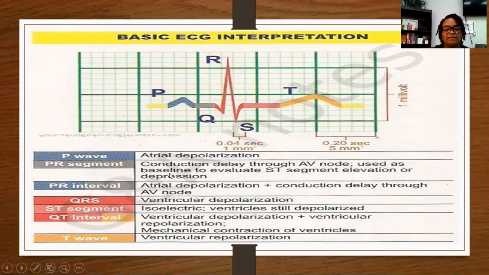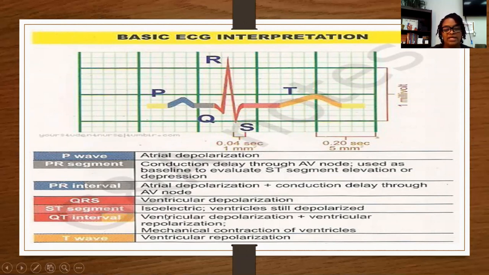Okay, so the PR segment is conduction delay through the AV node, and it's used as a baseline to evaluate the ST segment elevation or depression. Your PR interval is your atrial depolarization plus the conduction delay through the AV node. And your QRS is your ventricular depolarization.